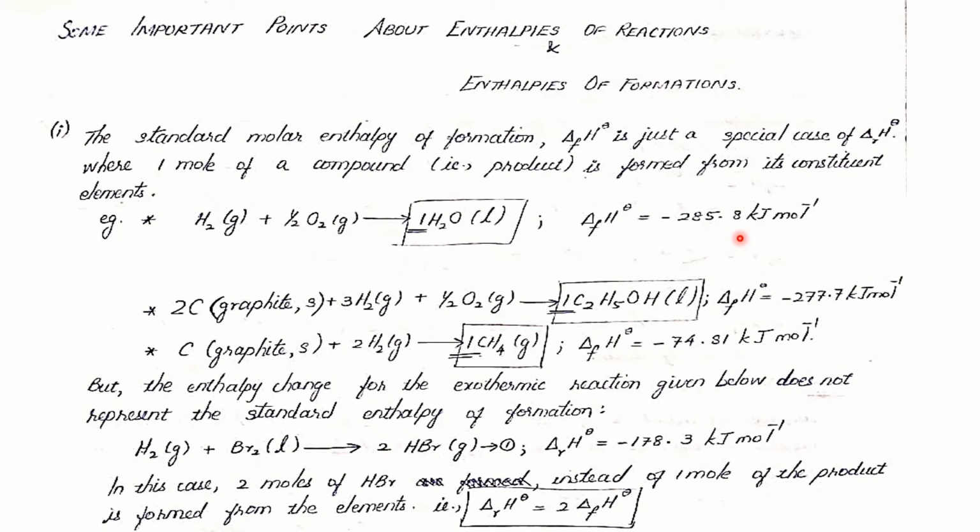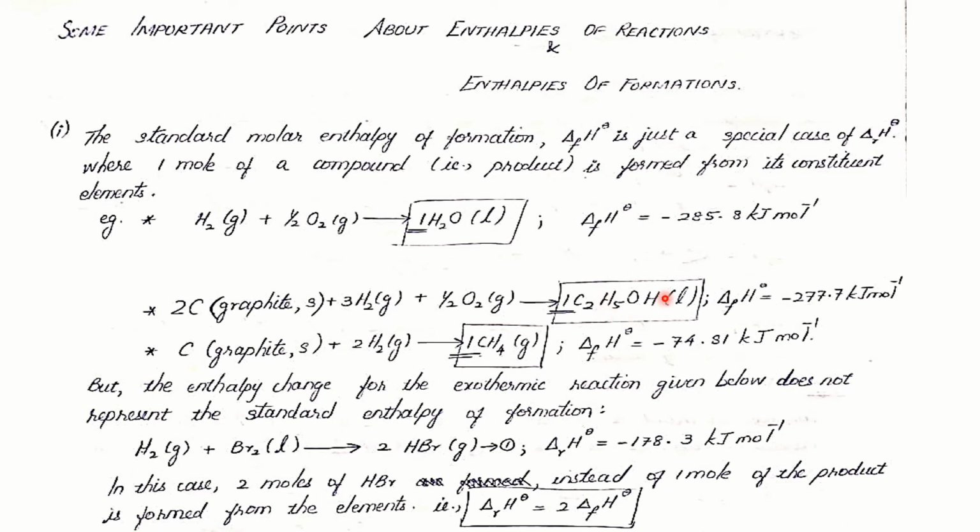We can also interpret standard enthalpy of formation for this reaction as the enthalpy change that occurs when 1 mole of water is formed from its constituent elements which are in their reference states. Clear? Now look at the second example. Here graphite reacts with hydrogen and oxygen to produce 1 mole of ethanol.